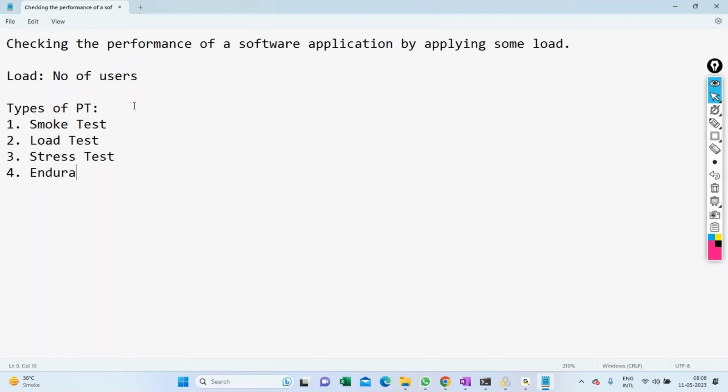Then you have endurance, soak, or duration test; all these three are the same. Then you have scalability test as well. Then you have volume test.